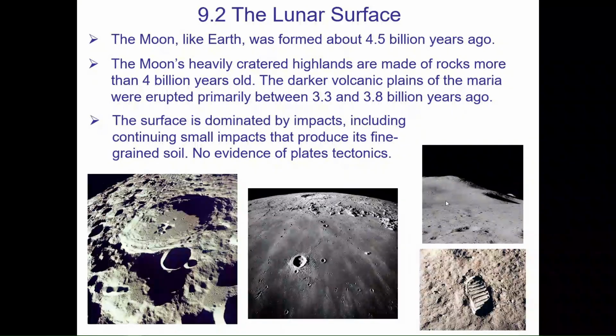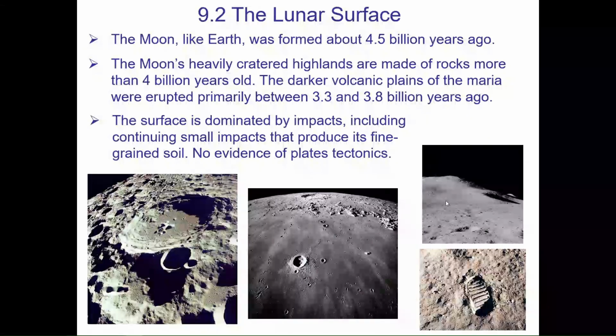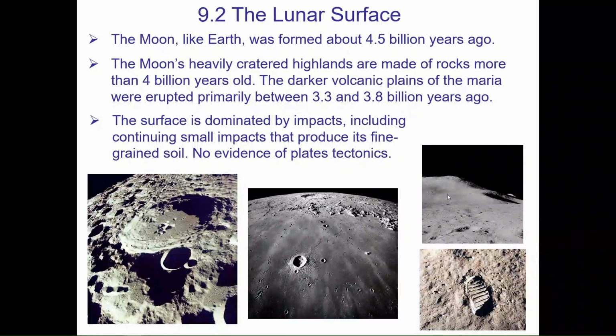There is no liquid water, so there's no water erosion. Therefore, the morphology, or the appearance, of mountains on the moon looks very different from Earth. And the surface of the moon is dominated by impact cratering.